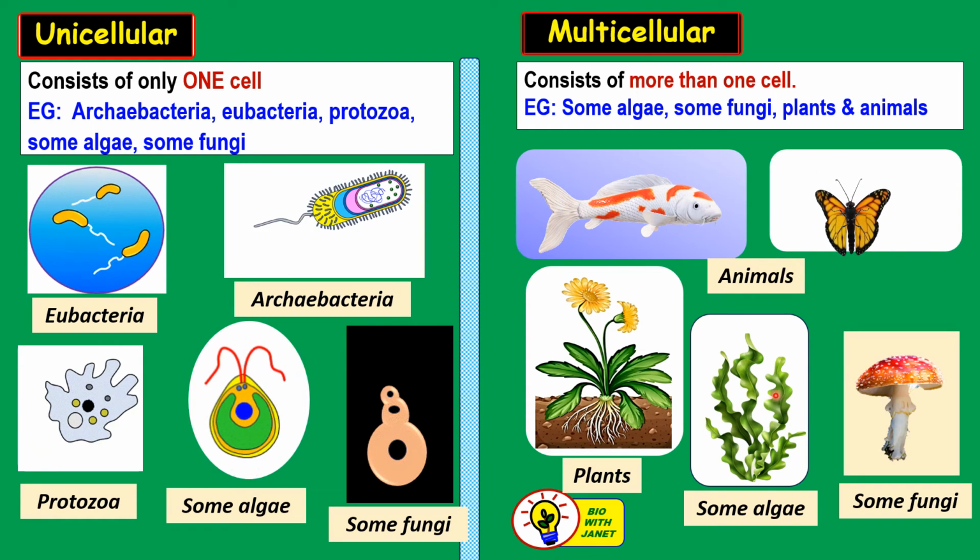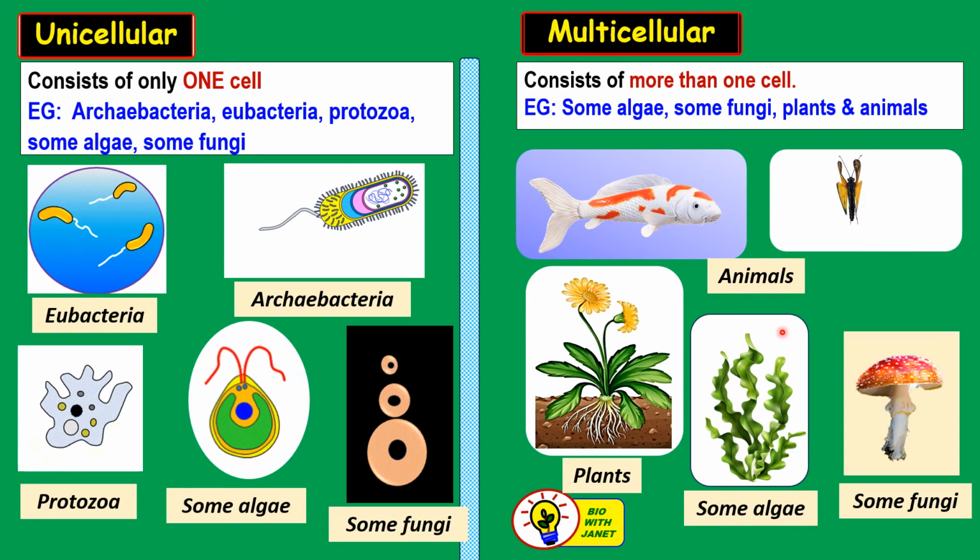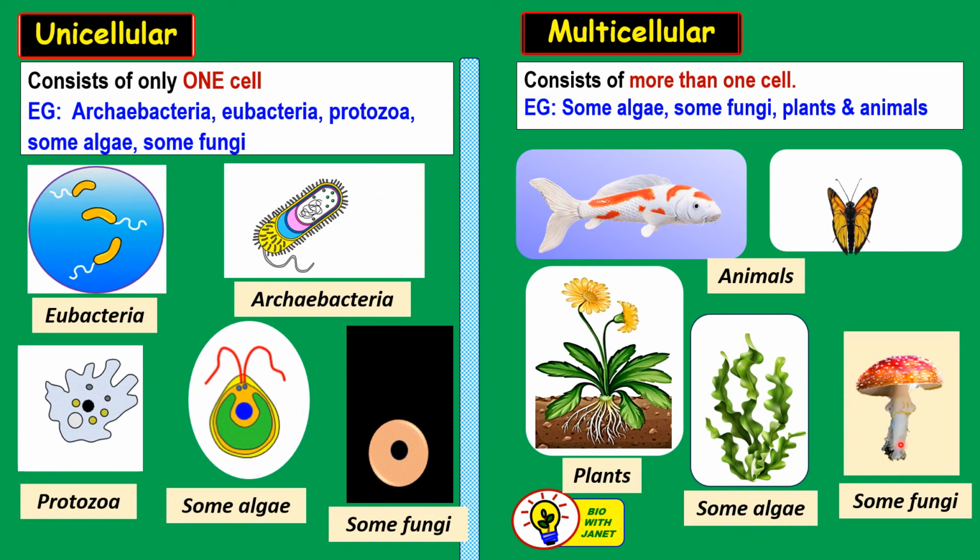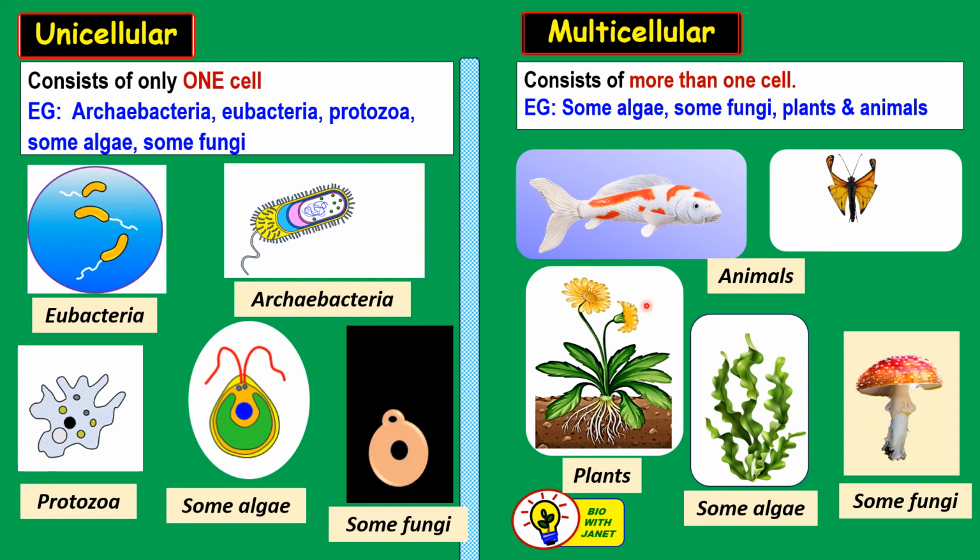All right, so that's why algae are simpler in structure compared with plants. And then some fungi are multicellular. For example, mushrooms and bread mold, called the Mucor species, they're all multicellular, consisting of more than one cell. Then all plants and all animals are multicellular.